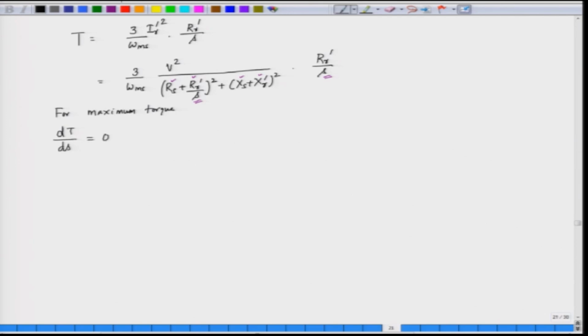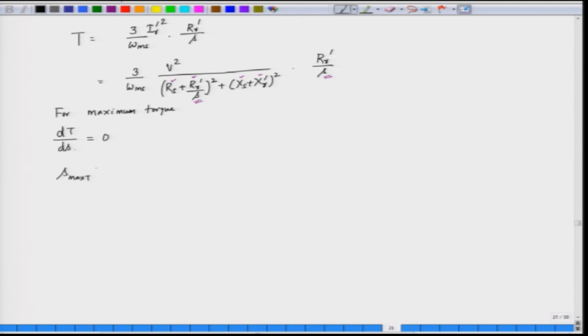So, we differentiate the torque with respect to slip and equate that to 0. And when we equate that to 0 and simplify, we get the slip for maximum torque.